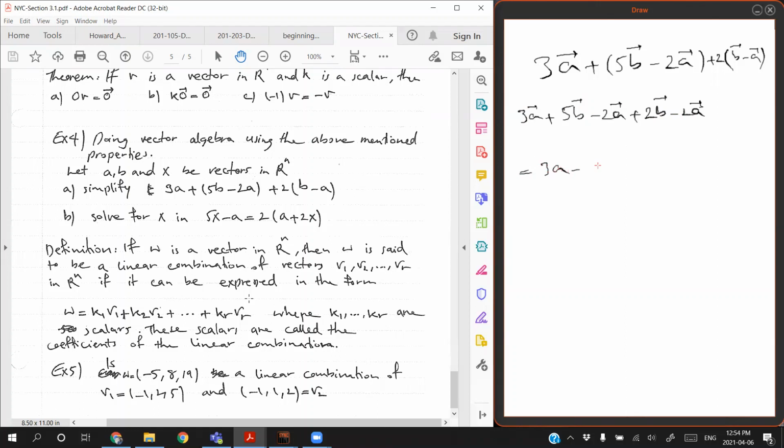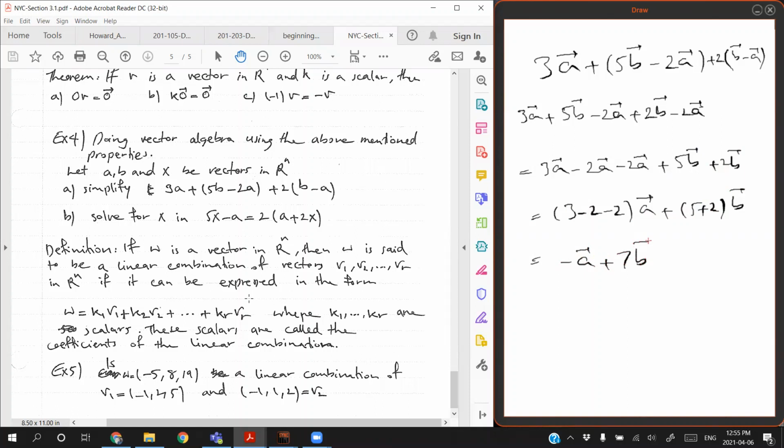So you have 3a minus 2a minus 2a plus 5b plus 2b. And then again, because of the distributive property, you can factor out the a. You get 3 minus 2 minus 2a plus 5 plus 2b. And this will give you minus a plus 7b. So the same way you do algebra with real numbers, you can do algebra with vectors.